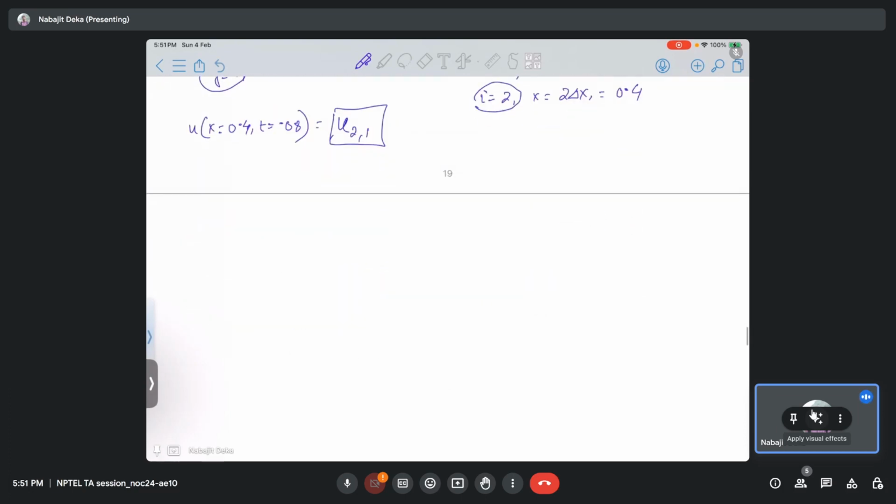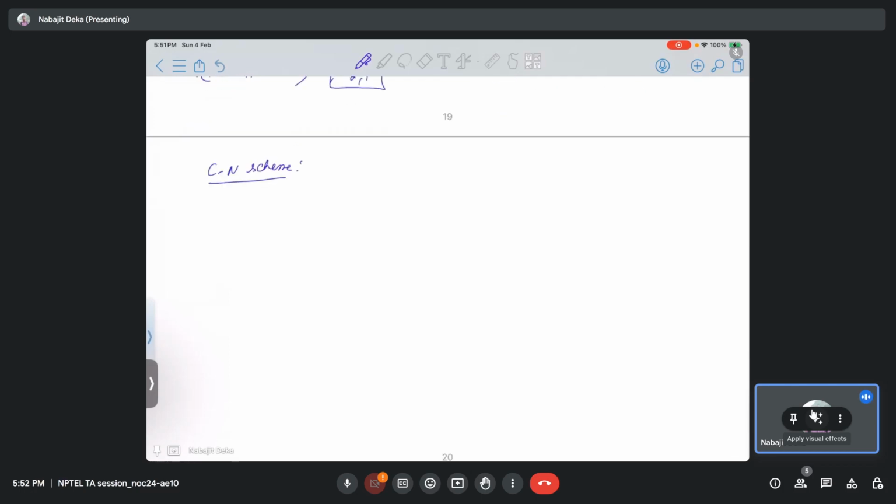So let's write the Crank-Nicolson scheme first. It is of the form minus r u i minus 1 j plus 1, plus 2 times (1 plus r) u i j plus 1, minus r u i plus 1 j plus 1, equal to r u i minus 1 j, plus 2 times (1 minus r) u i j, plus r u i plus 1 j.